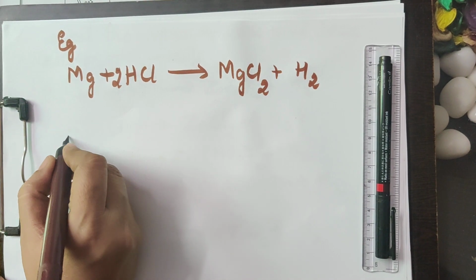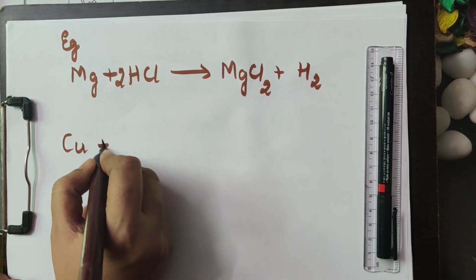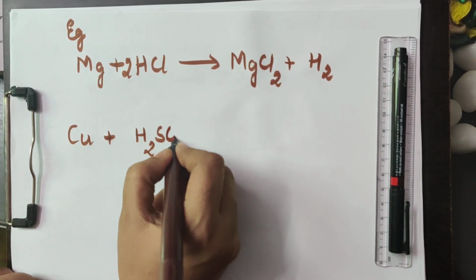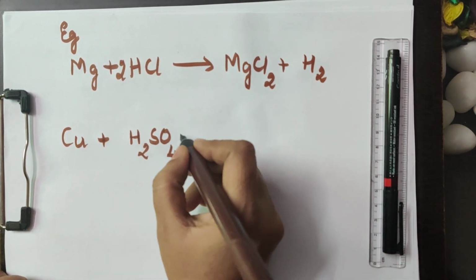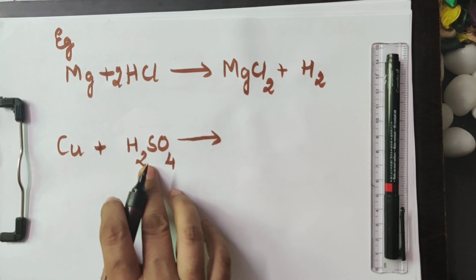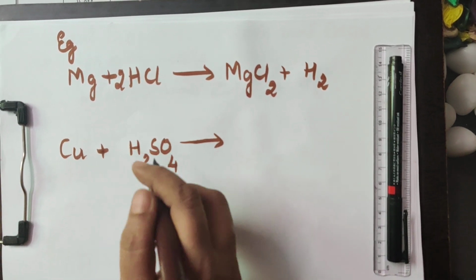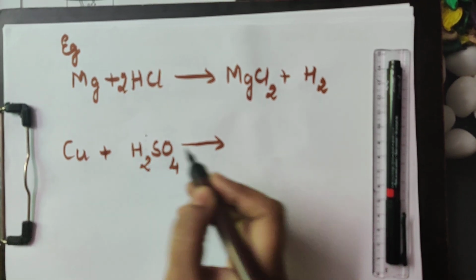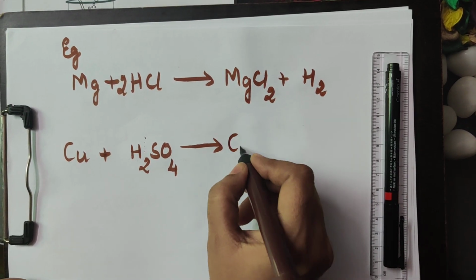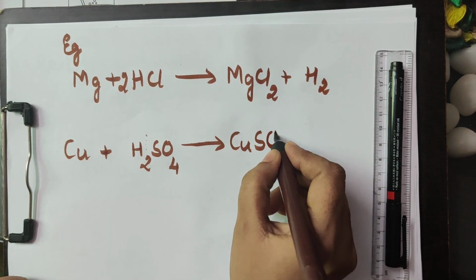Second example I'll take: copper reacts with sulfuric acid, H2SO4. Let us see what happens in the reaction. When copper reacts with sulfuric acid, hydrogen is liberated and the metal combines with the radical, CuSO4.